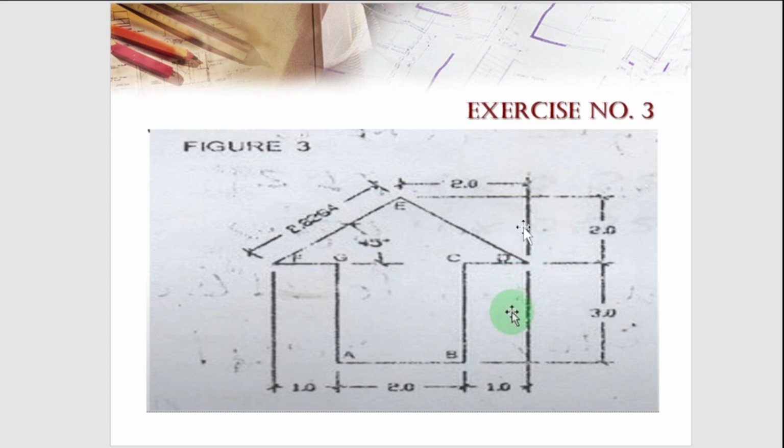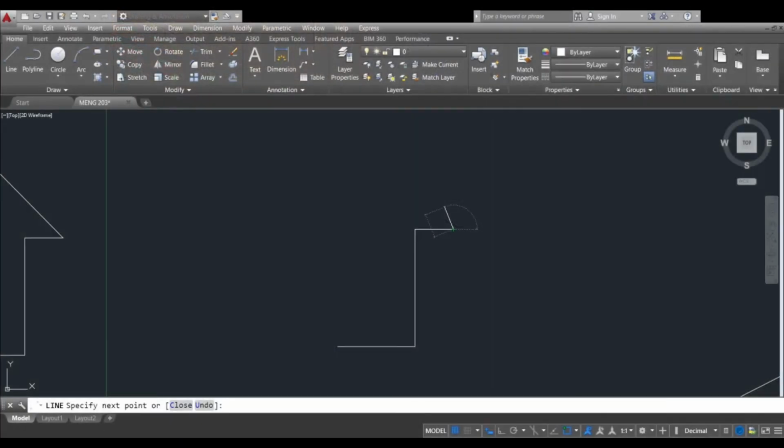So we need to add from 0 to 90, and then we're going to add 45 to get this angle. So that is 90 plus 45 equals 135. So the coordinate of point E is at 2.8284 angle 135.